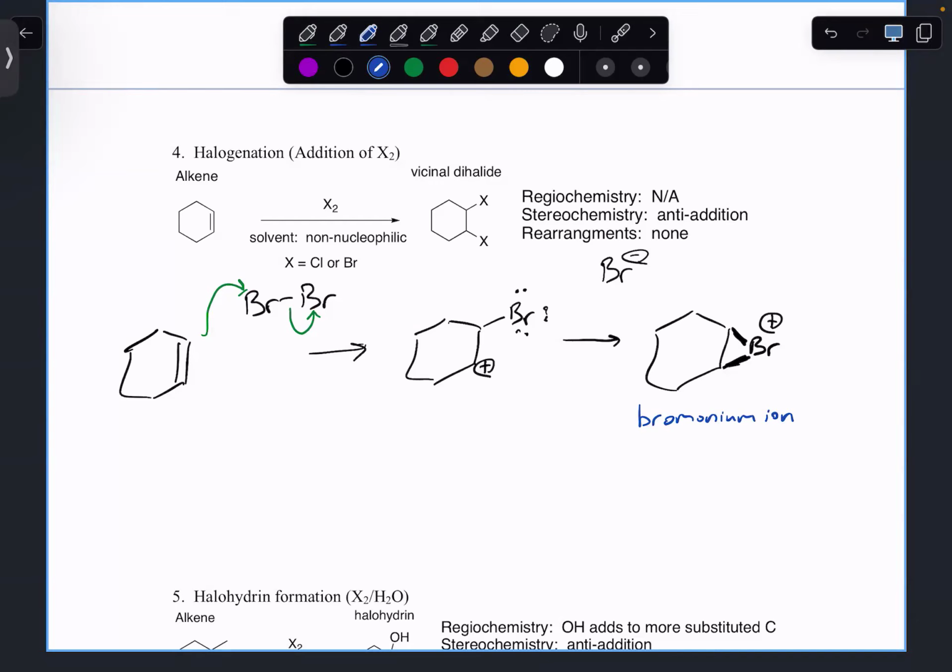Now, notice I have shown stereochemistry here. I put both of those bonds as wedges. I could have put them both as dashes as well. That part doesn't really make a difference.